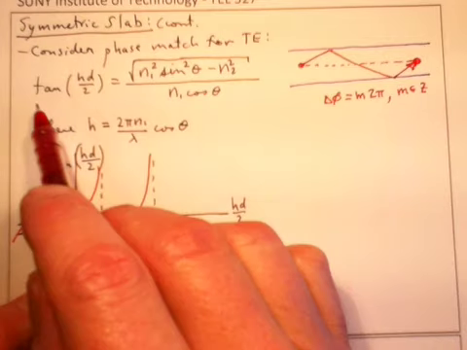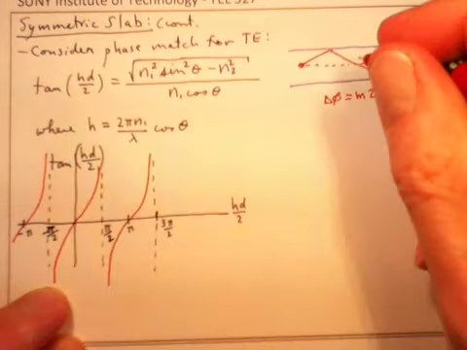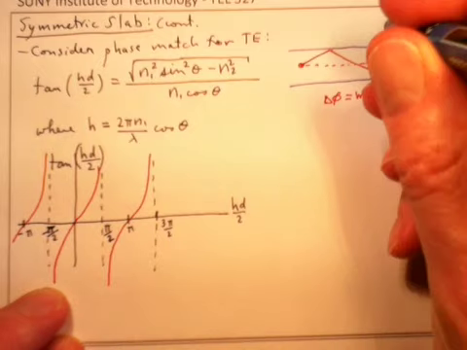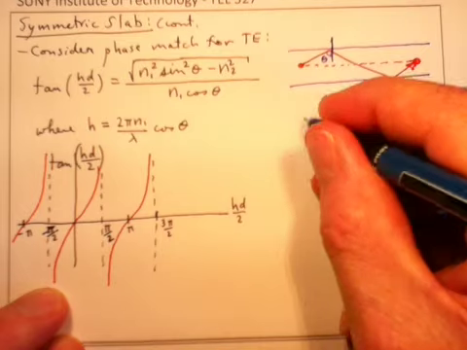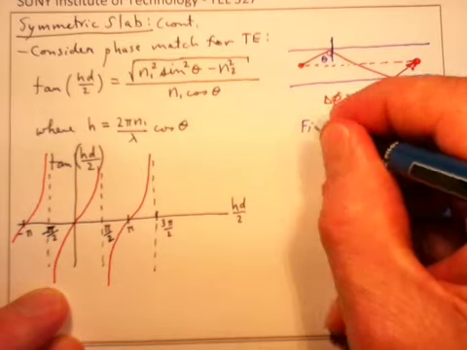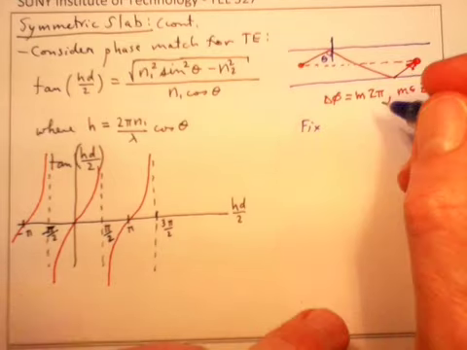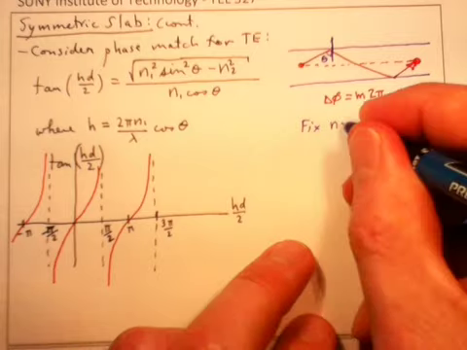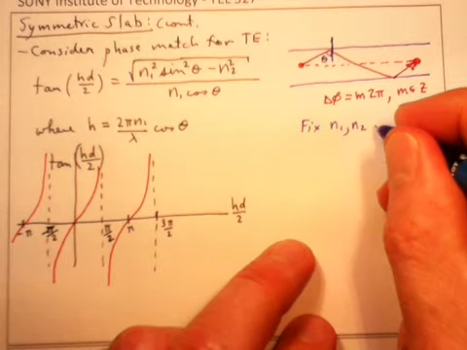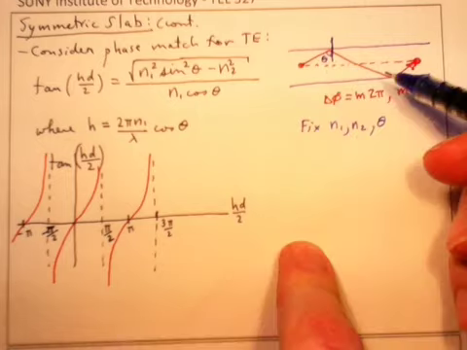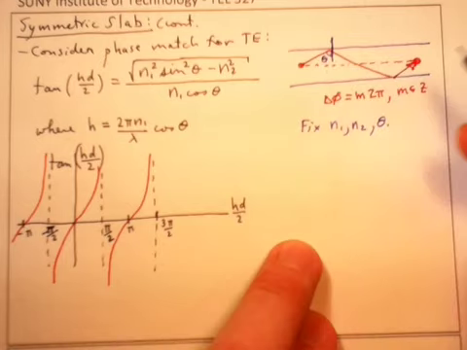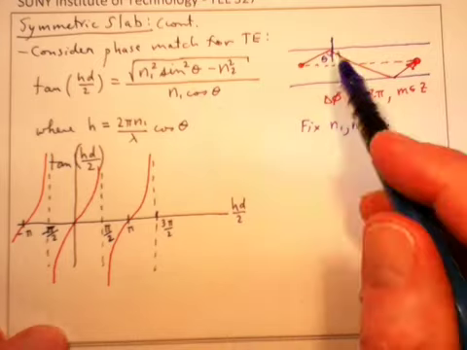So what we're going to do is assume that we fix the indices n1, n2, and the zigzag angle. And we're going to ask ourselves what thicknesses of the waveguide, d.